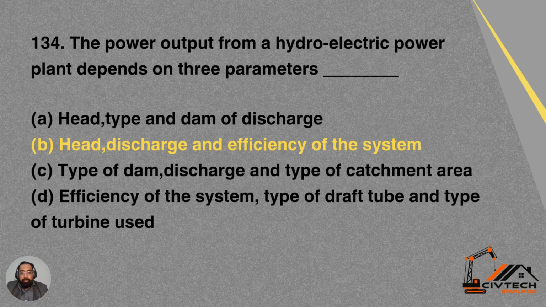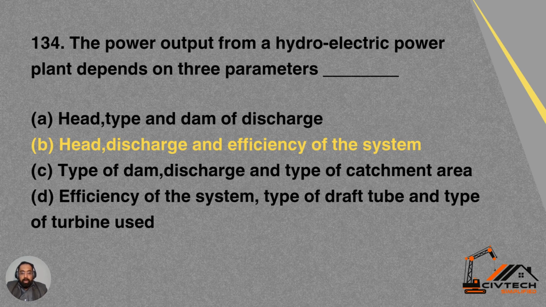134. The power output from a hydroelectric power station depends on three parameters. What are those three parameters? Option A, head, type, and dam discharge. Option B, head, discharge, and efficiency of the system. Option C, type of dam, discharge, and type of catchment area.